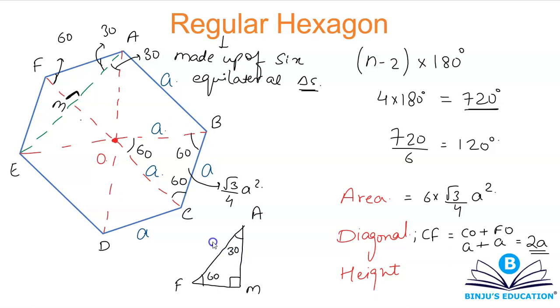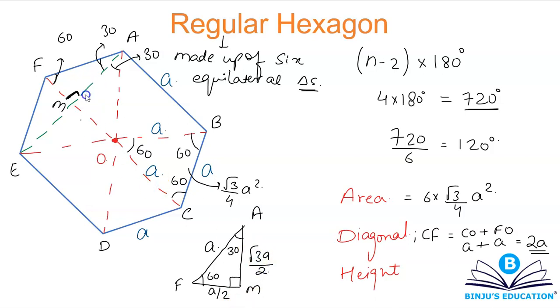And AF is equal to A units because that's the side of a regular hexagon. Now I hope you remember the right angle triangle having angles 30, 60, 90 degrees. The ratio of the sides opposite to 30, 60, 90 was 1 is to root 3 is to 2. Opposite to 90 it's A. So opposite to 30 it's going to be A by 2, and opposite to 60 it's going to be root 3A by 2.